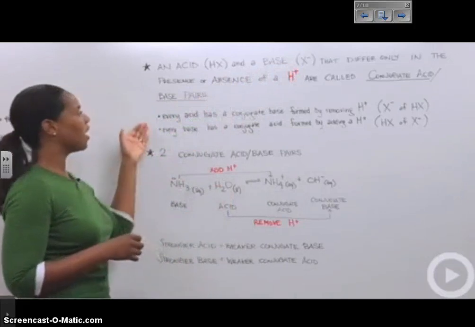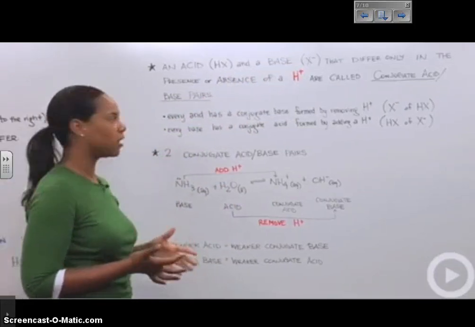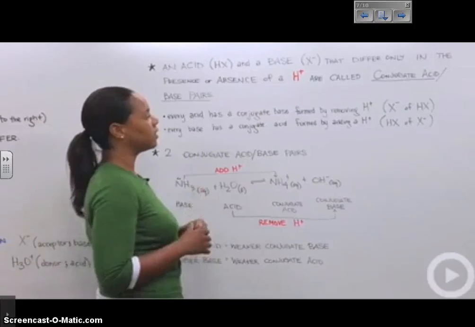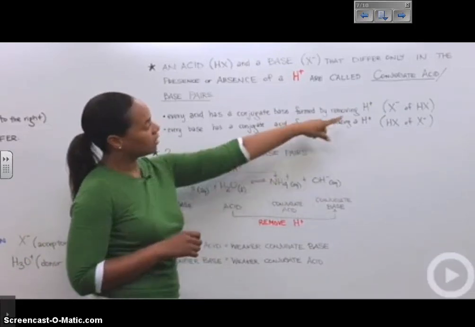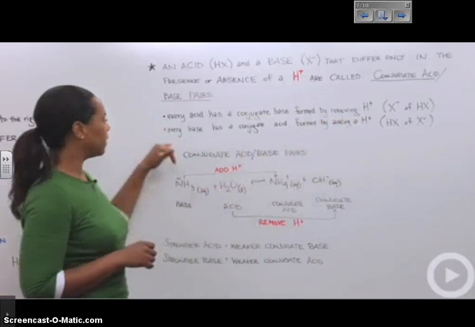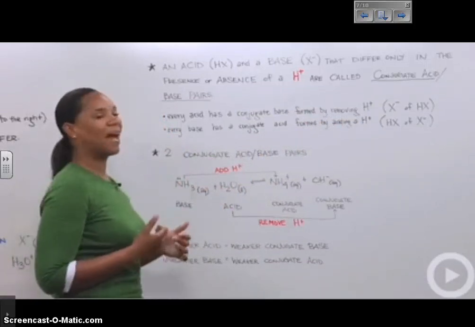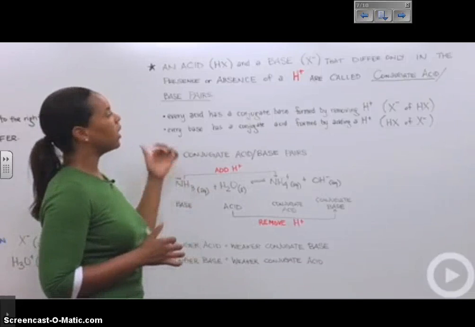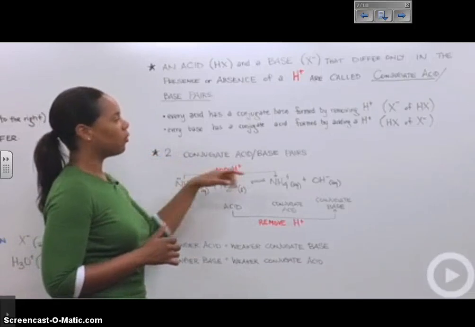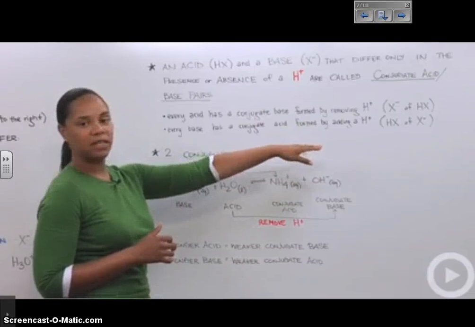Every acid has a conjugate base that's formed by removal of the proton. In the previous example, X minus is the conjugate base of the acid HX. Similarly, every base has a conjugate acid that's formed by adding a proton. In the previous example, HX would be the conjugate acid of the base X minus.